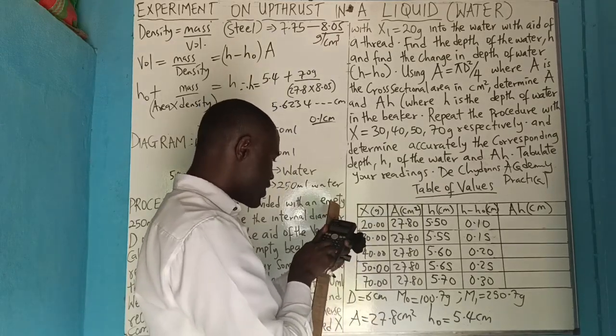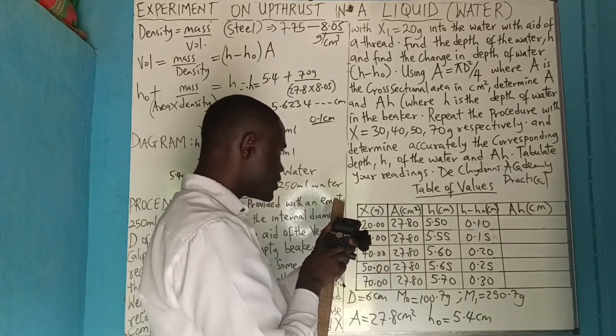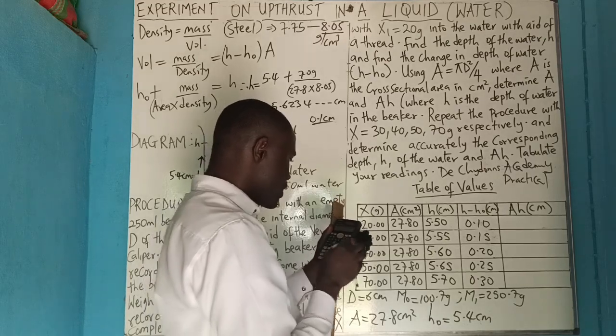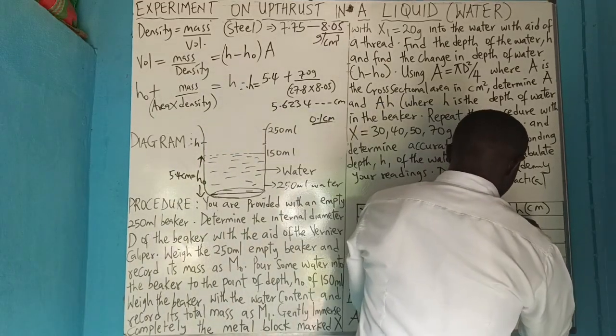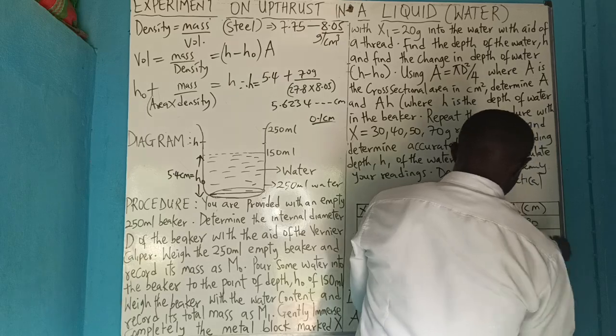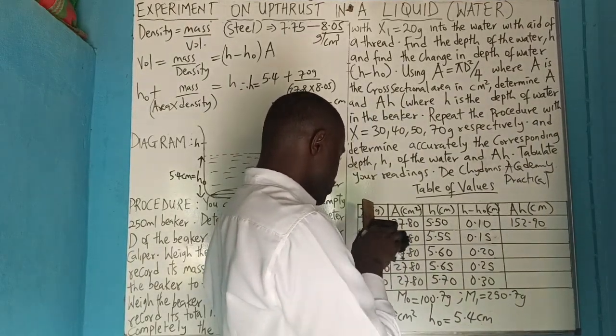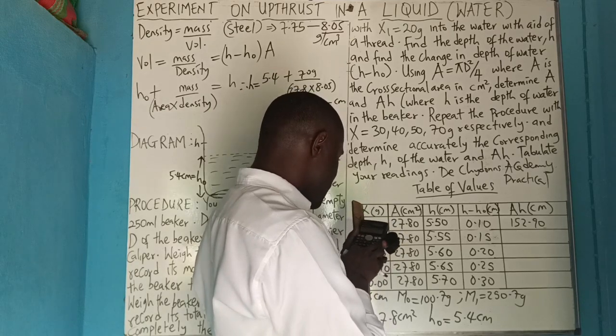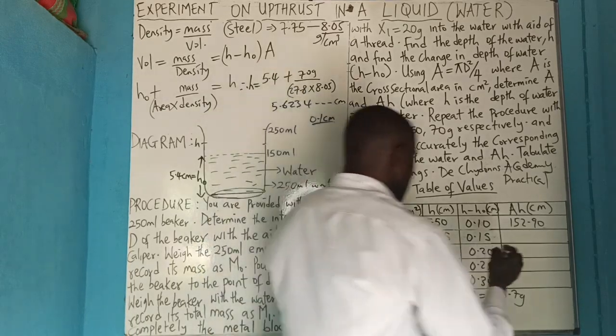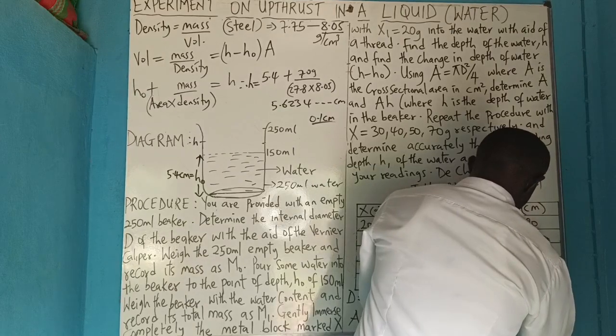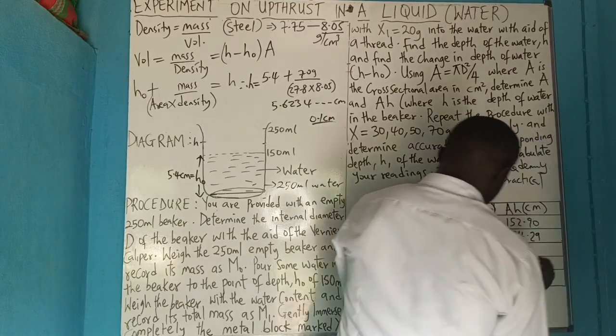We have 27.8 times 5.5. That will be giving you 152.90. We now also say times 5.55. That will be giving you 154.29.